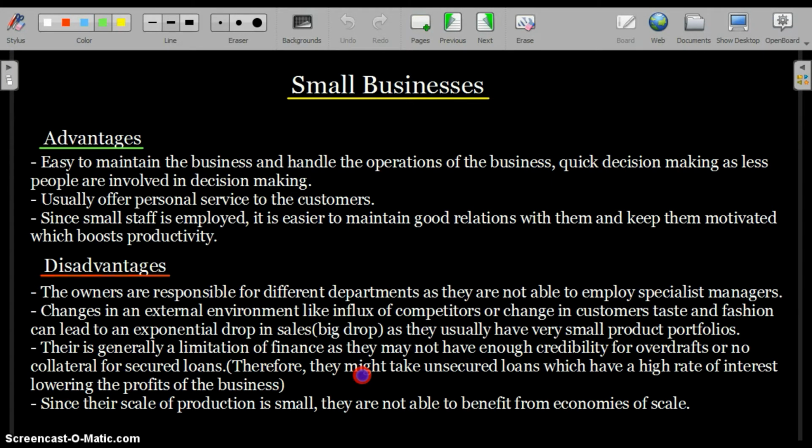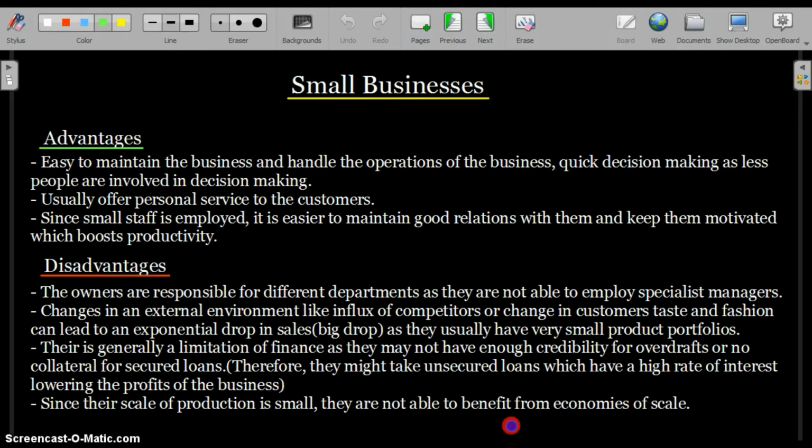Some businesses do not even get unsecured loans because the banks are just not comfortable giving them loans. So that becomes an issue. Even if they get loans somewhat, they don't get the overdraft facilities which are needed to maintain cash flows in times of need, in times of economic crisis. Since the scale of operation is small, they are also not able to benefit from economies of scale.